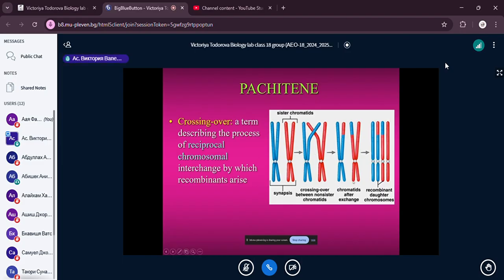And schematically, this centromere has to be on the upside, but the accent here is on that part, how chromatids from maternal and paternal chromosomes exchange material. So at the end here we have 4 chromatids and they are all genetically different, you can see.